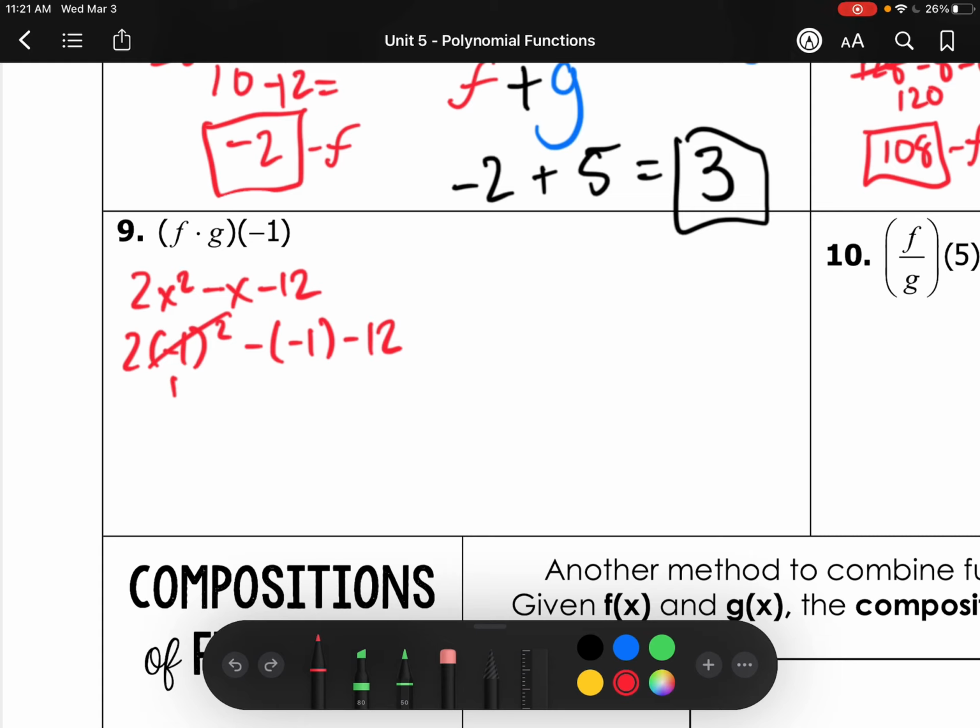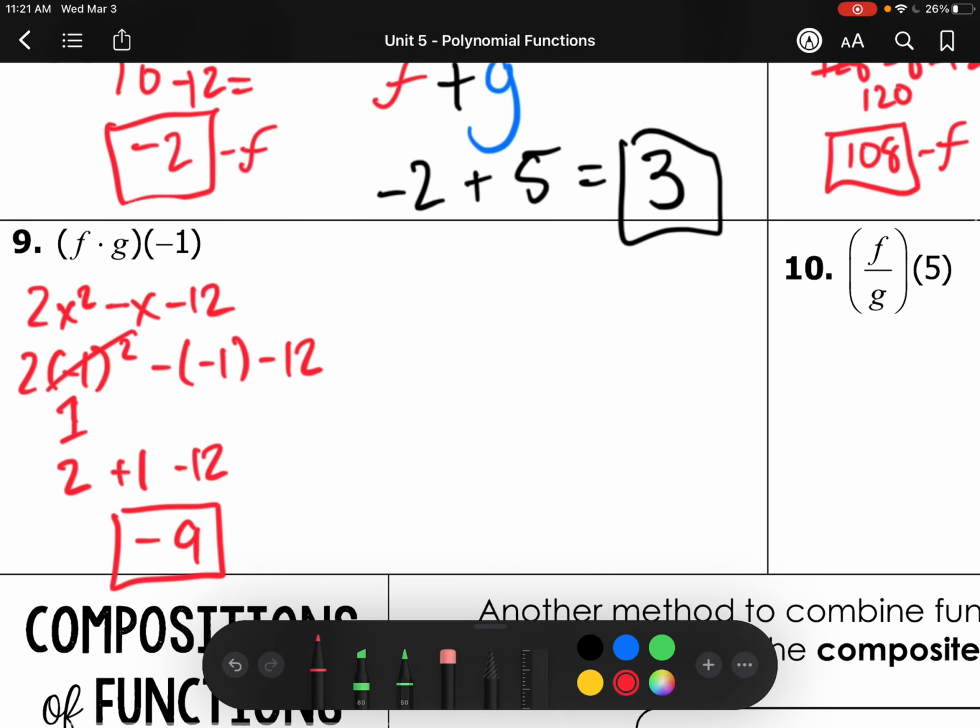So we have 2 times +1, which is just 2, and then minus -1 is the same as +1. When you subtract a negative number, it's the same thing as adding that number, and then minus 12. So now I have 2 plus 1, which is 3, minus 12, which is -9. So my f value is -9.